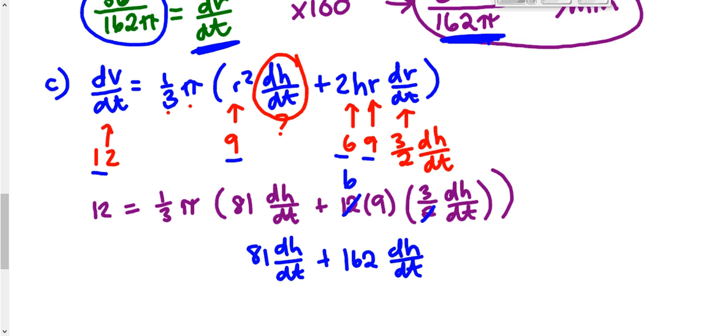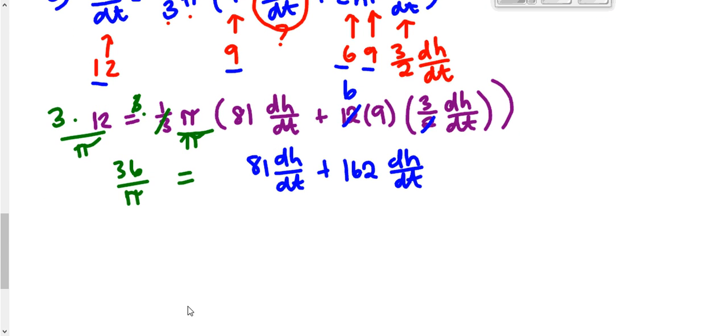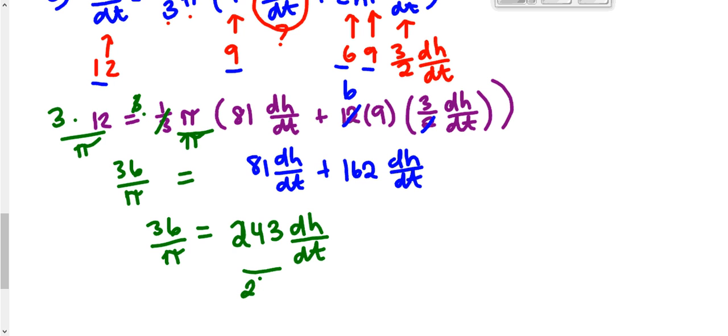And then I would move this again, so multiplying both sides by 3 gets rid of the 1/3, dividing both sides by pi. Again, I get 36 over pi equals all of this. So I can add those two together. 81 plus 162 is 243 dH dt equals 36 over pi, so we want to divide both sides by 243.